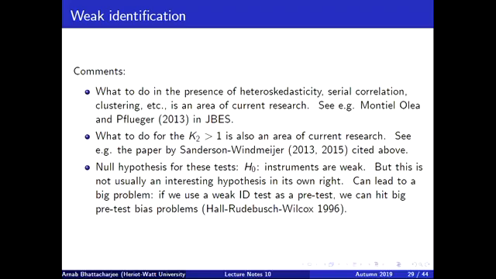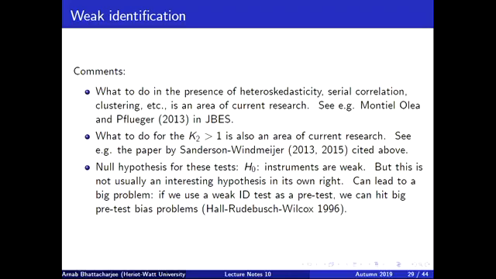Why? Because if you are using this test repeatedly as a pretest, you have large pretest bias. What do I mean by that? Where would you like to use such a test? You have one endogenous regressor, you have 100 different potential instruments, and you are trying to test whether these instruments are weak.